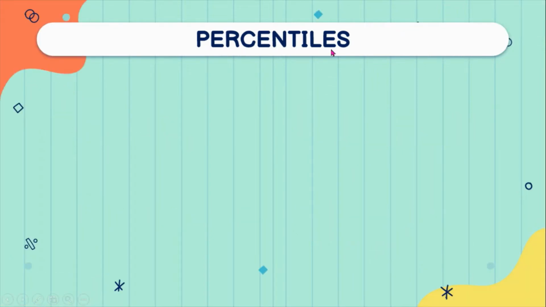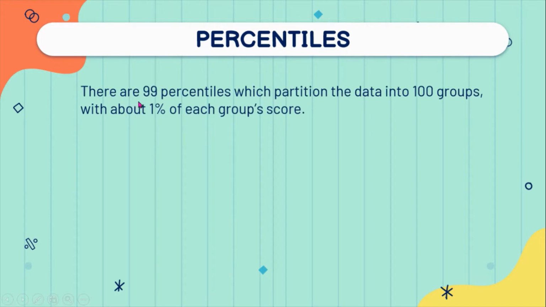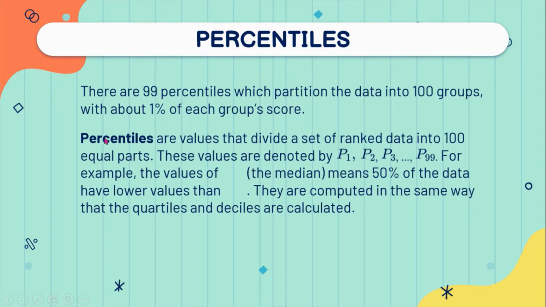So let's discuss percentiles. There are 99 percentiles which partition the data into 100 groups with about 1% of each group's score. Percentiles are the values that divide a set of ranked data into 100 equal parts. So these values are denoted by P sub 1, P sub 2, P sub 3, up to P sub 99.